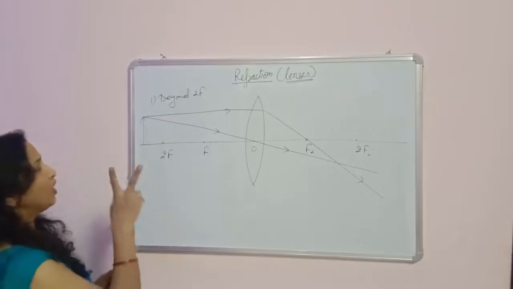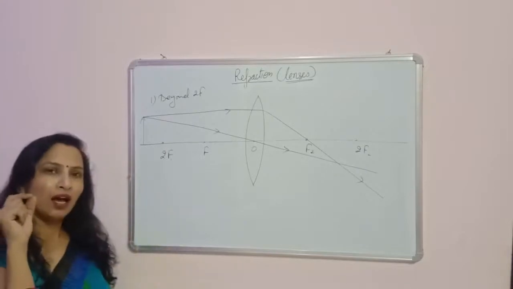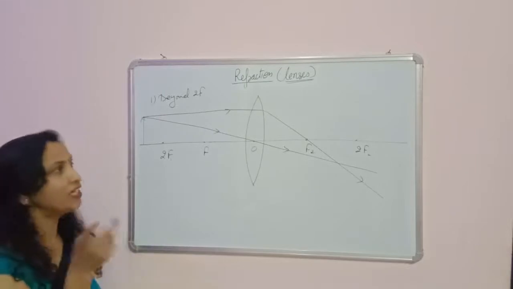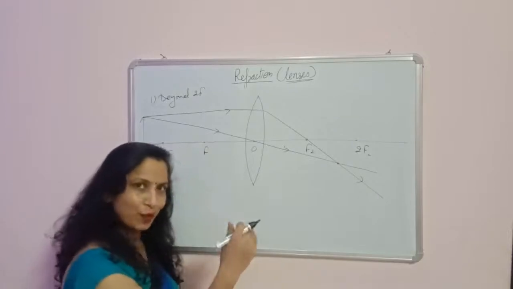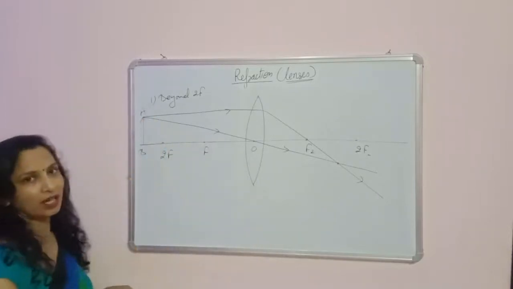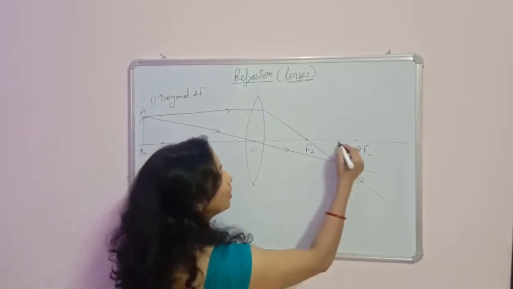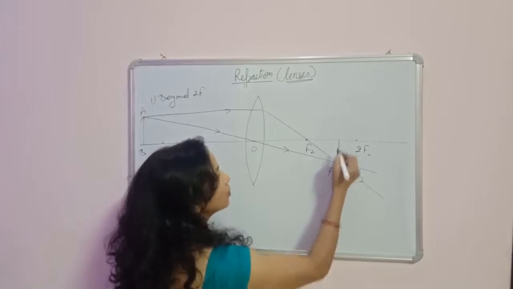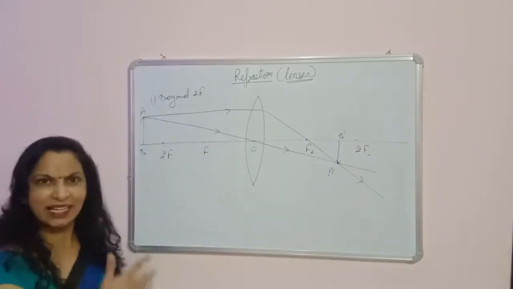Now if you place the object beyond 2f, the image will 100% be obtained between f and 2f, like this. So these rays meet at this point. We start from the head of the object, this is the object AB, and we start from its head. So this should be the head of the image, A dash, B dash, and we are representing it by using the symbols A dash, B dash.